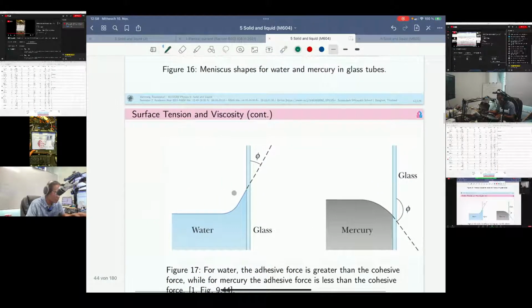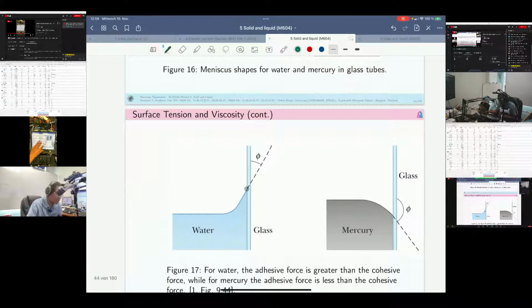Here is the clearer form of the effect of adhesive force and cohesive force. In the water case, the adhesive force, the attractive force between water and glass, is stronger, so that's why they try to bring the water close to the glass up.